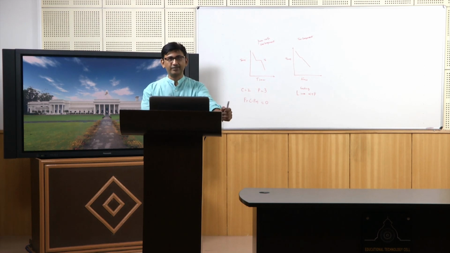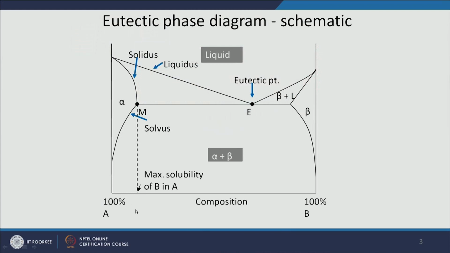So, this is a typical eutectic phase diagram. This is drawn schematically, so it may not be that some real system looks exactly like this. You can see that you have 100% A at one end, 100% B at the other end, and the composition of B is increasing from left to right.